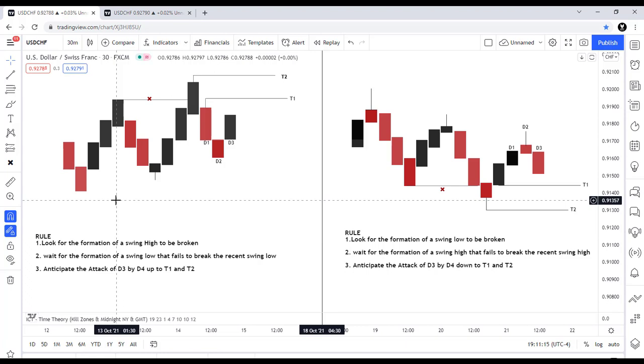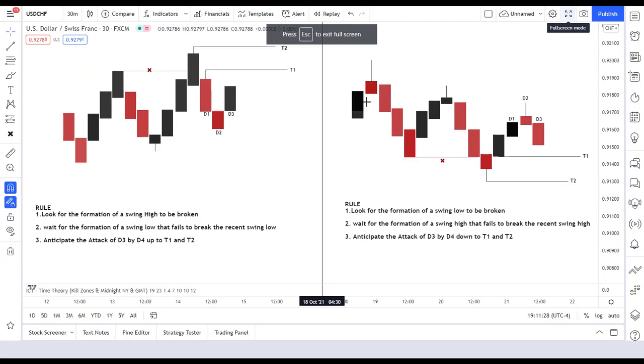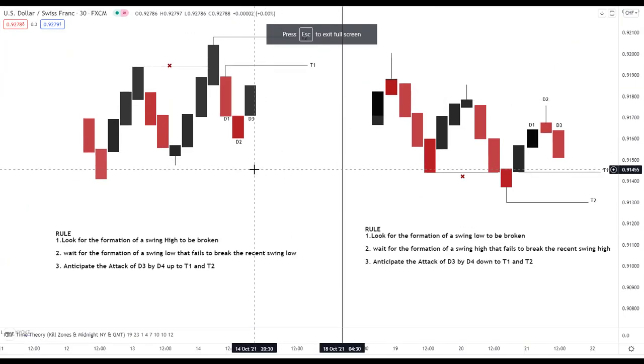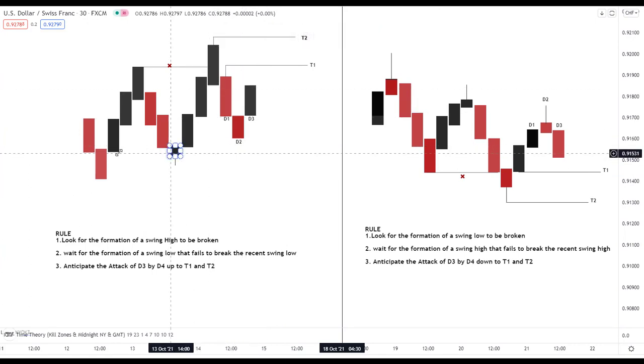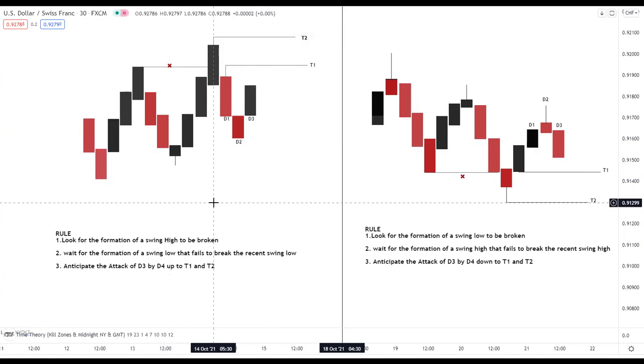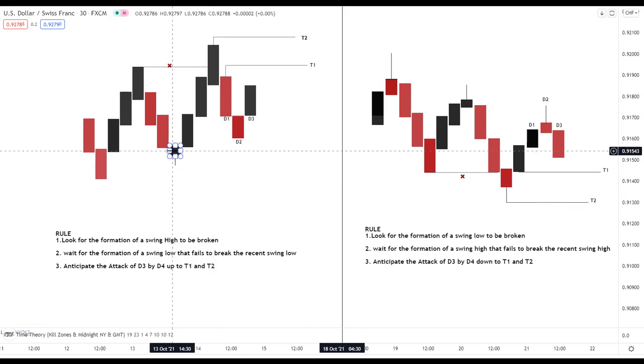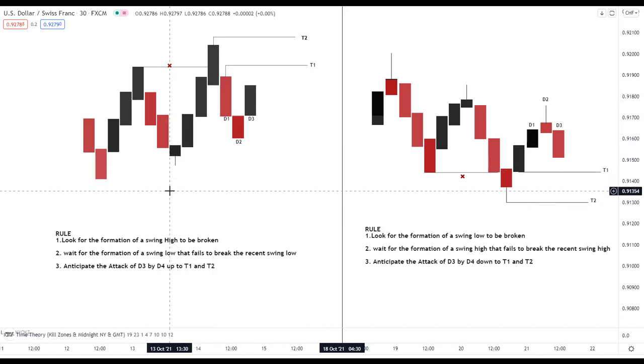Now, how would I operate if I were to trade this market? Before we go further, I'm going to put this in full screen mode. The assumption here is that this is a daily chart. We're working with a daily chart.